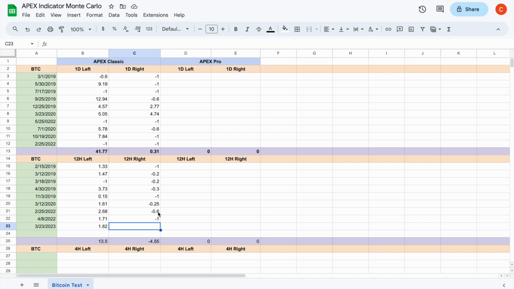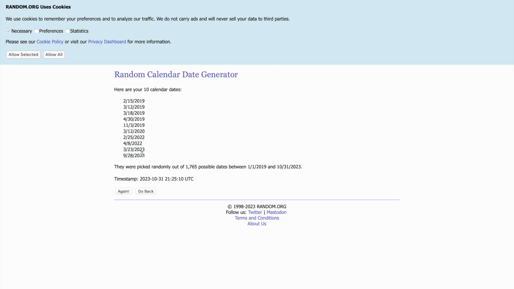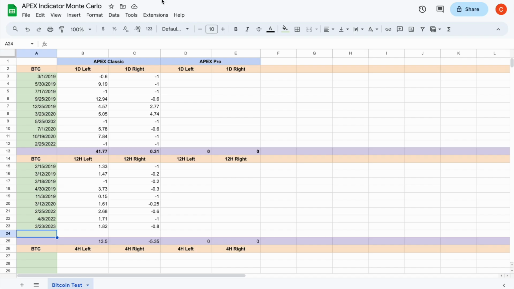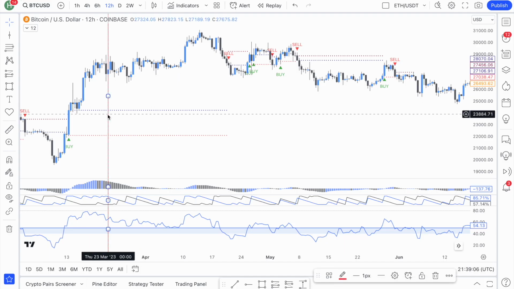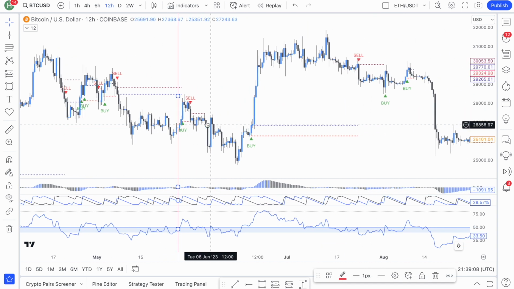Let's see, minus 0.8. Well, unless we get a big one for that, that one's going to be a loser category. So 9/28/2023. Let's go here.